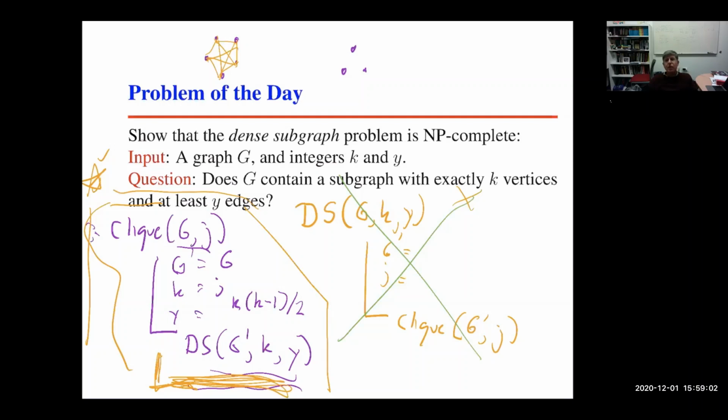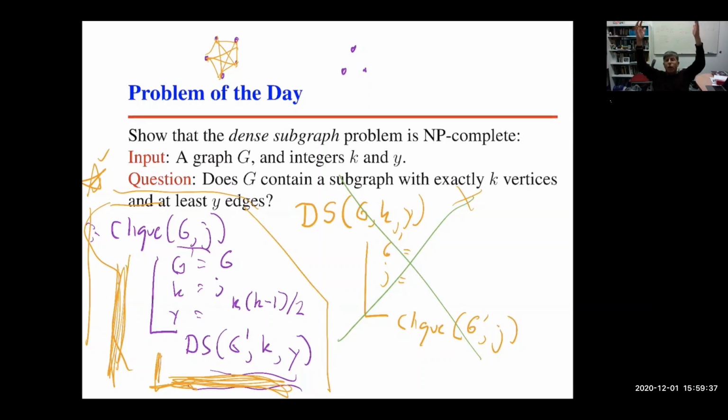So SAT is the original hard problem. That is the mother of all hard problems. Any questions about that? We're proving implicitly with all the logic that we've developed in class so far that if you had a fast algorithm for densest subgraph, that would give you a fast algorithm for SAT.